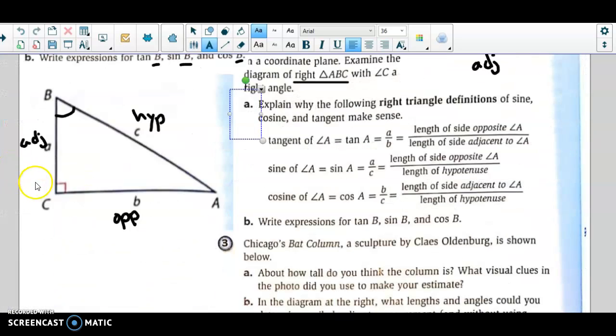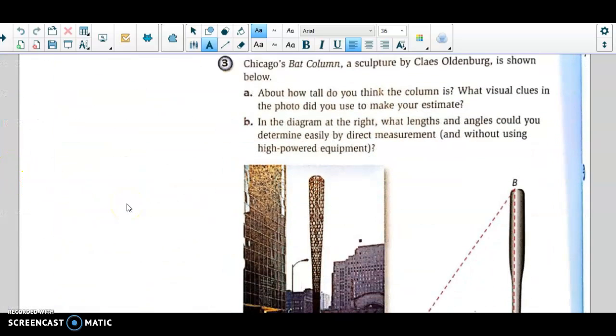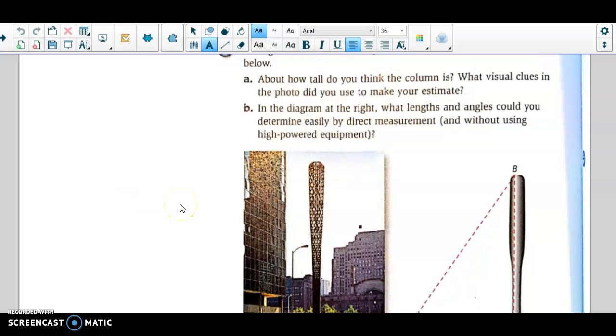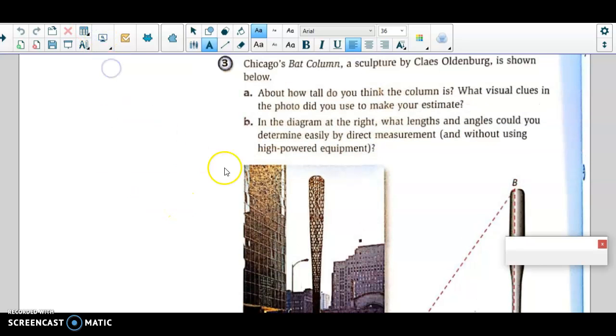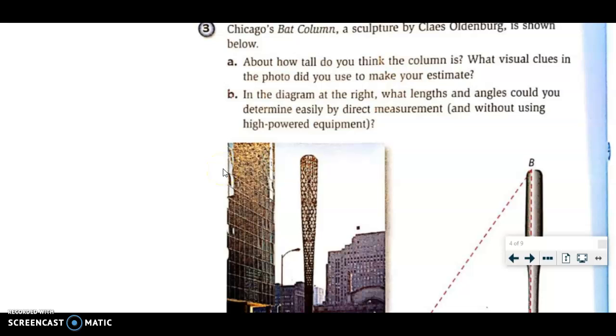So this is an example of where we would use trig. Let me make this really big so we can see. Chicago has this bat column, I guess they're saying. It's a bat.